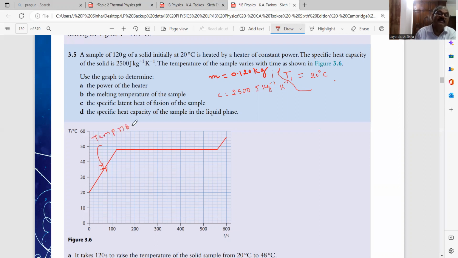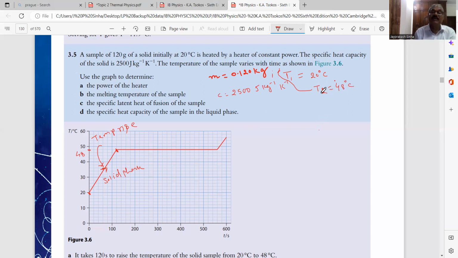The solid is in the solid phase only, and its temperature is increasing. It increases from 20 to, see here, this is 50, so this will be 48. So the final temperature T2 is equal to 48 degrees Celsius.